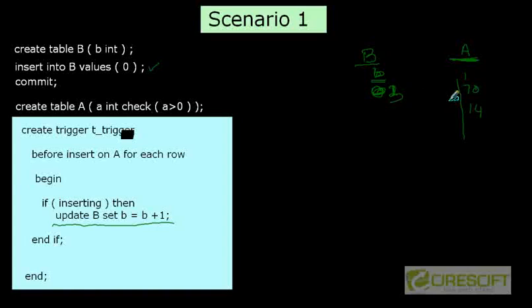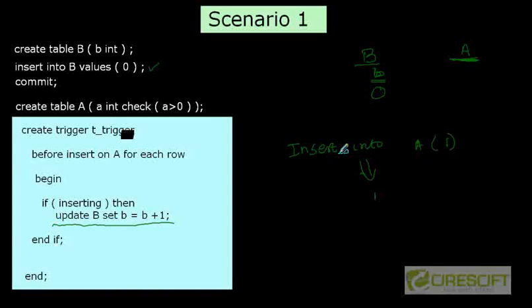If this is our scenario, let's figure out what happens if we insert into A the value 1. To start with, there is nothing in A, and initially the value of B is 0. If I insert into A 1, this leads to one more thing: it is going to insert 1 and also update table B, with an update statement.